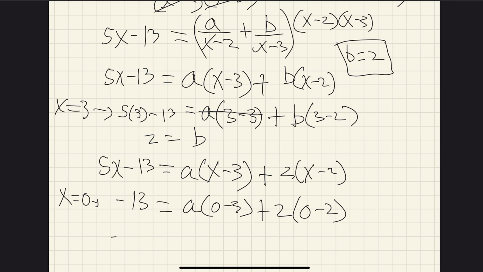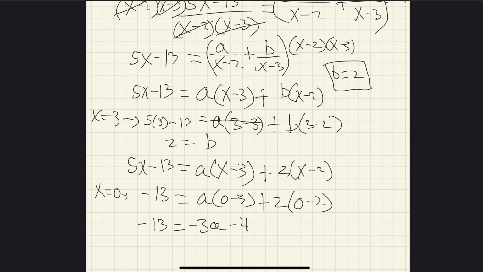I'll rewrite this again. Negative 13 equals, this is going to become negative 3a plus, we're going to get a negative 4. So I'm just going to say minus 4.